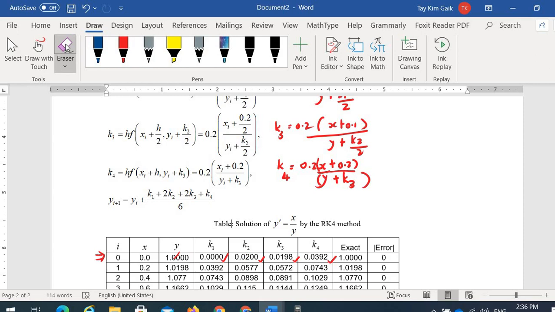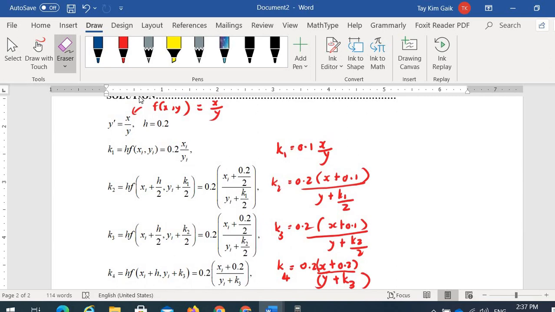So we have done K1, K2, K3, K4 using only one formula from K1. Using the same formula from K1, this is the same formula for K1 to calculate K2. When the calculator asks for X, I key in the current X value plus H over 2.